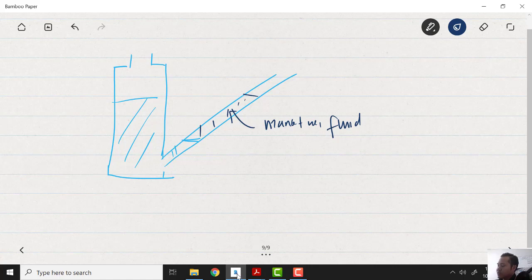The same, if you want to measure the pressure, for example at point 1 here, we have air here. From point 1 to point 2, you go down and then you go up.